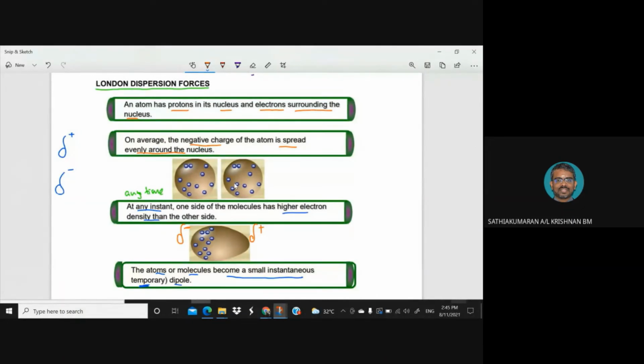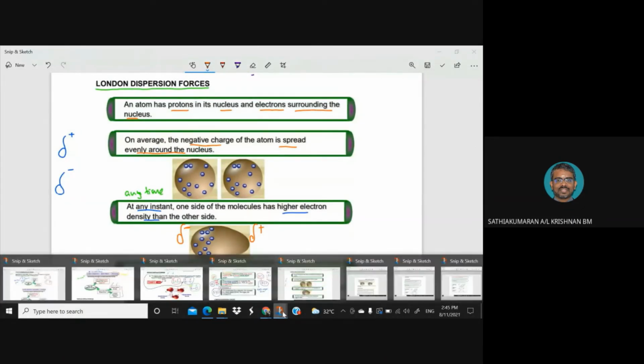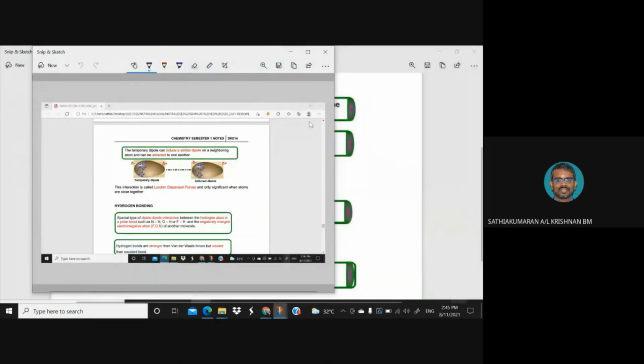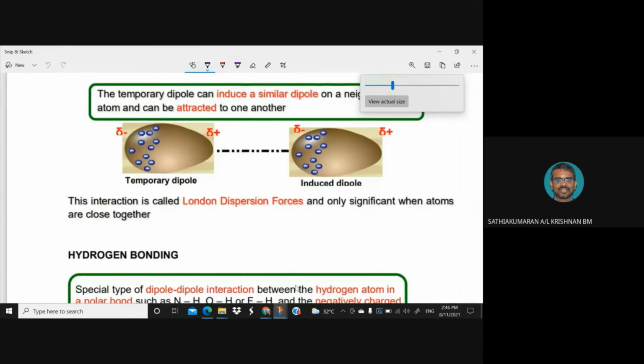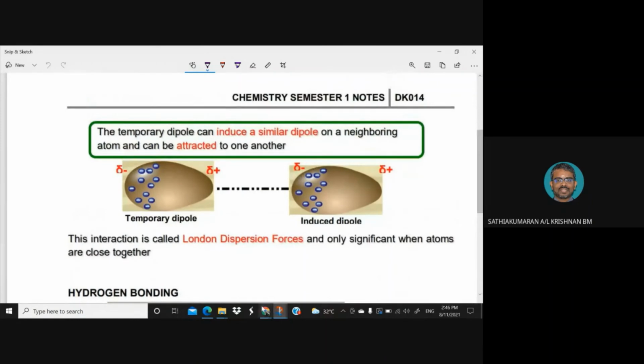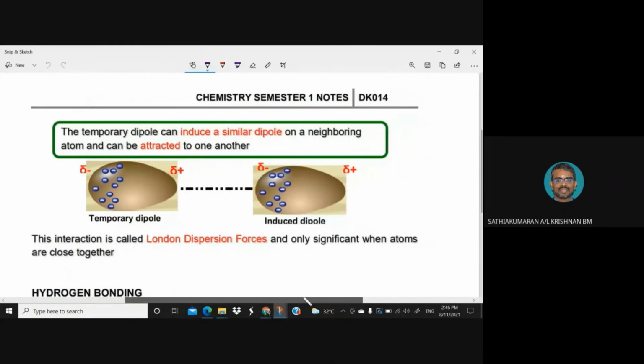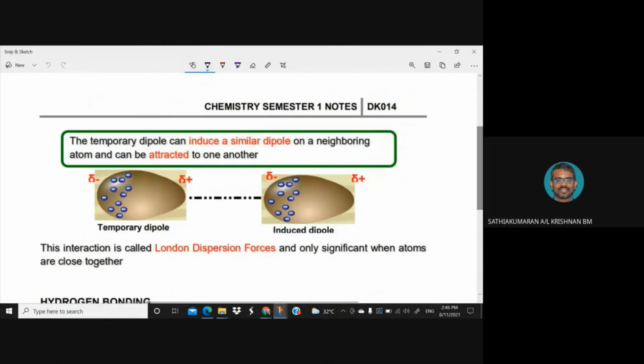This is what I explained to you: at an instant, a temporary dipole is formed.